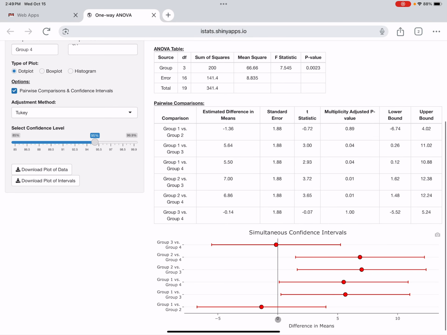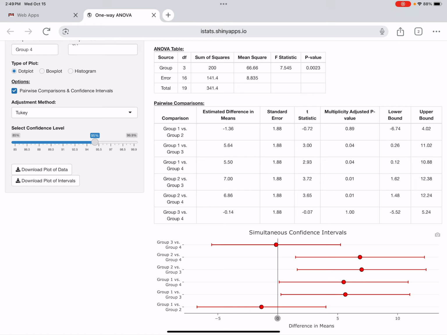Any interval that contains 0 is an interval where there's no difference in the two groups that you're comparing, okay? Because if 0 were in the interval, and we've talked about this before, right? If 0 is in the interval, then that means mu1 minus mu2 might be equal to 0, which means that mu1 and mu2 are the same, right? They're not different at all.